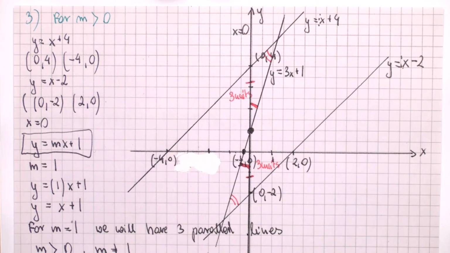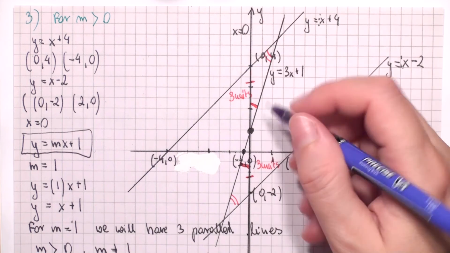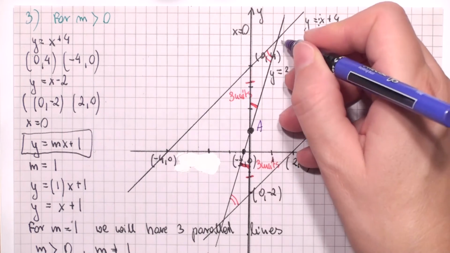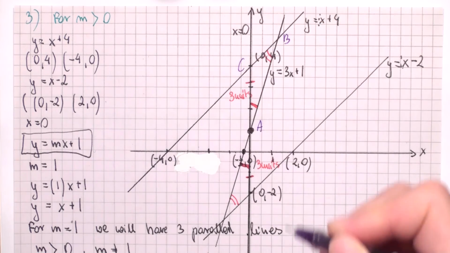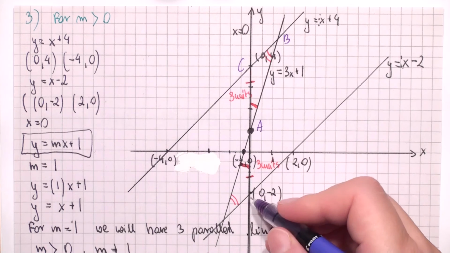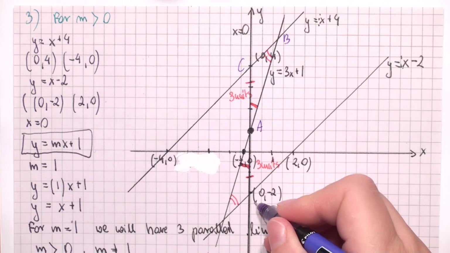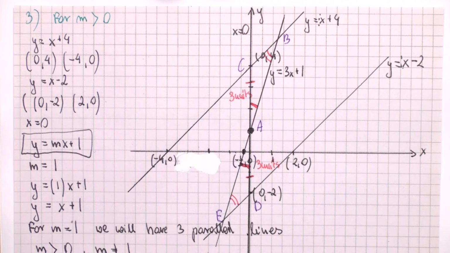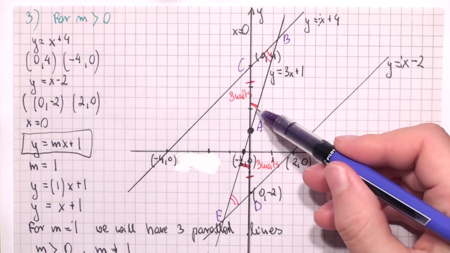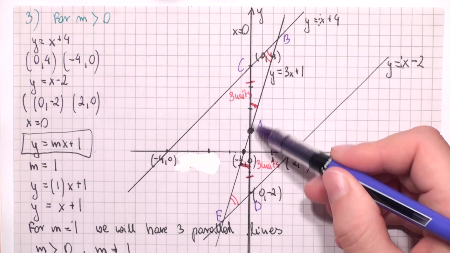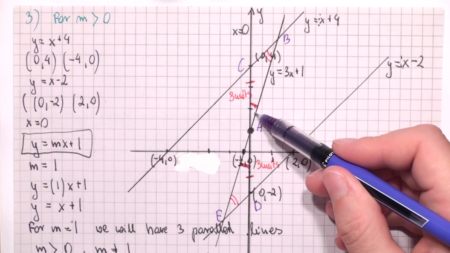So let's say this is, for example, triangle A, B, C, and here we have triangle A, E, D. So we have that these two angles are vertical angles, so they are congruent.